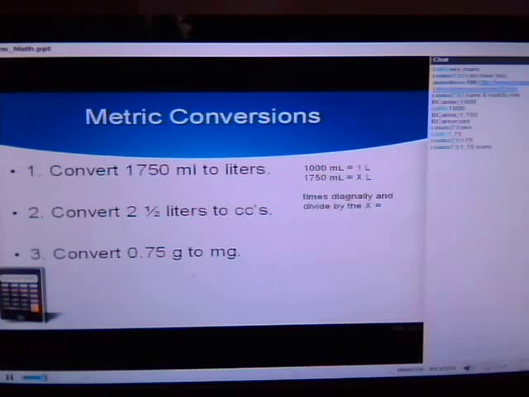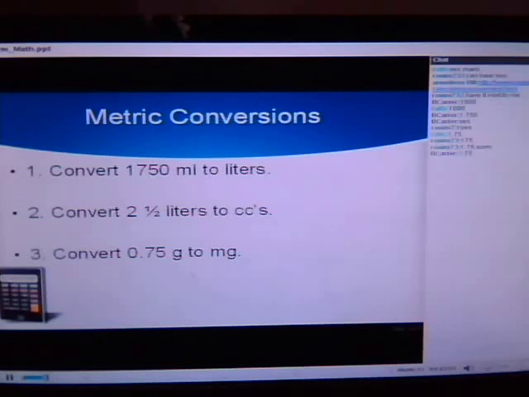But in this particular example, it's 1,750 times 1, divide by the X, so divide by 1,000, and what's the answer? Somebody write it in the chat box. Good, someone did it. Thank you, B. Carter.